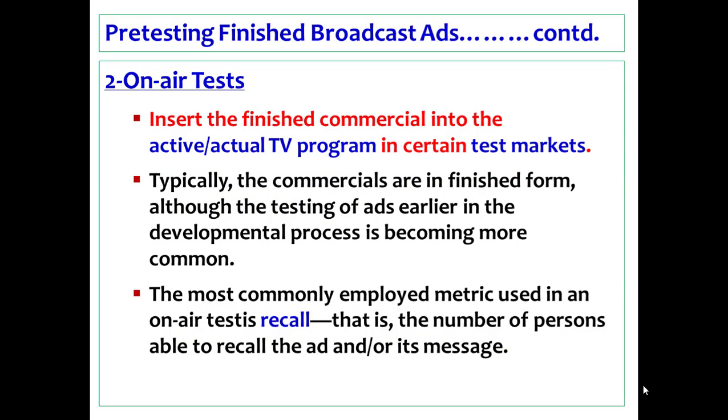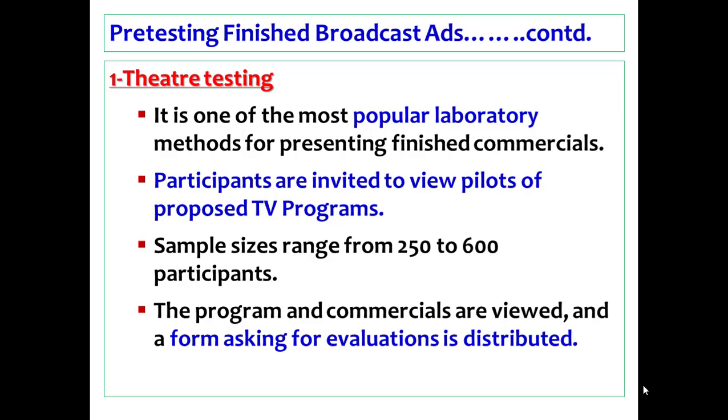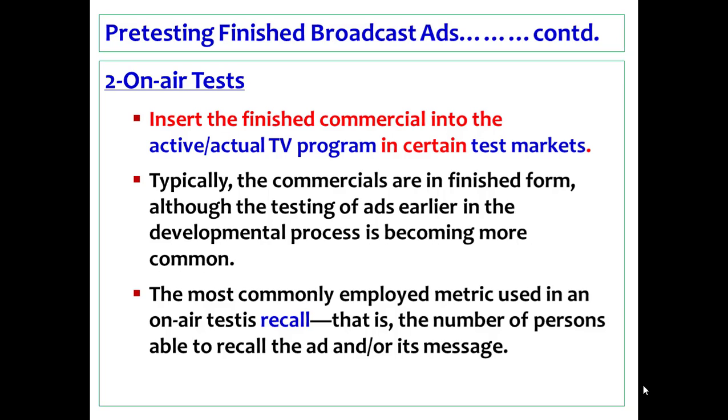The other one is the on-air test. The difference between these two is that in the theater test, they test the advertisement in a pilot of proposed TV programs. When it comes to the on-air test, the finished commercial is inserted into active or actual TV programs in a certain test market.